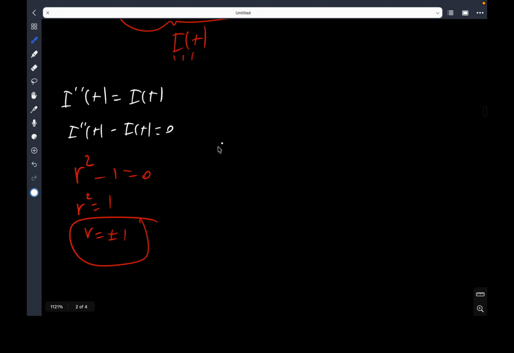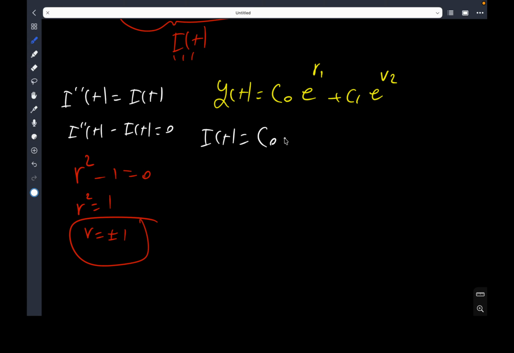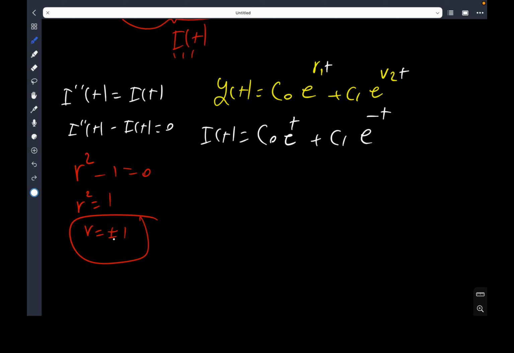Therefore the general solution to a differential equation, I'm gonna write it here: y of t is c1, first constant, e to the r1 t plus c2 e to the r2 t, and in this case here, our r1 is 1, thus I'm gonna write, it should have been a t here, so it's gonna be c naught e to the t plus c1 e to the negative t, the second root of my differential equation.